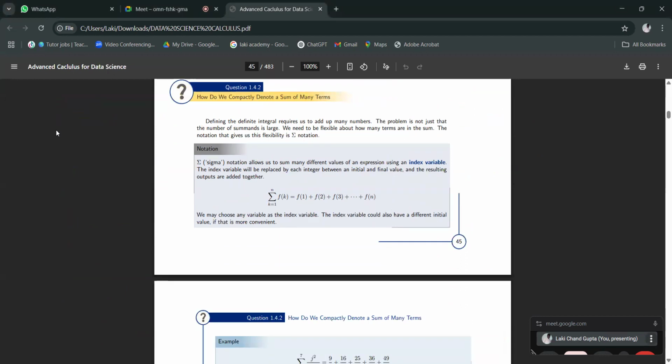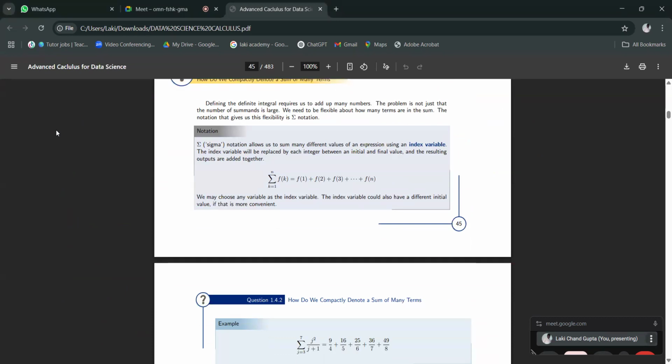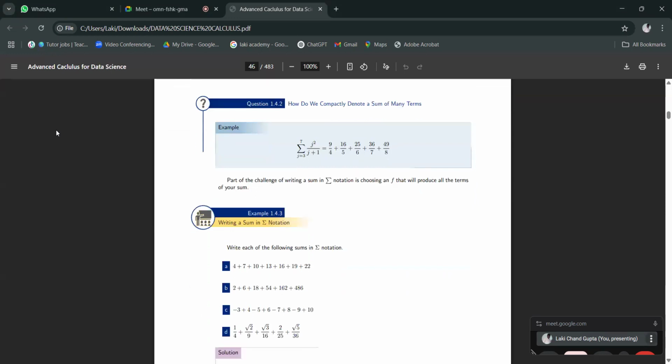How can we represent integration in terms of summation? For example, see this. If I write i square, where i starts from 2 to 5, it means the initial value of i is 2, right? And this is the symbol of sigma. Sigma means summation.